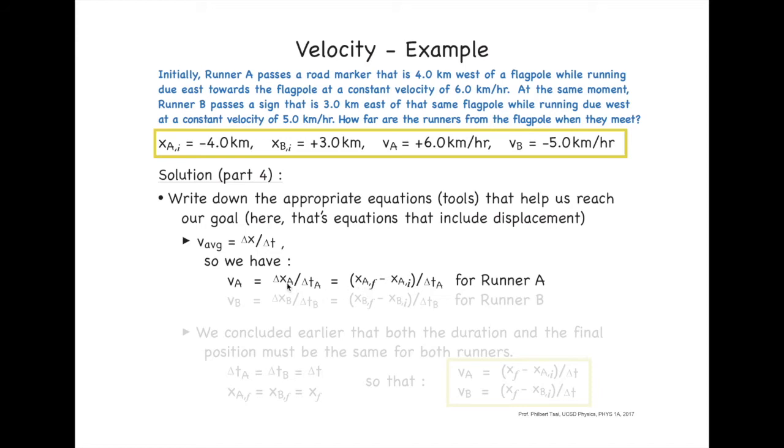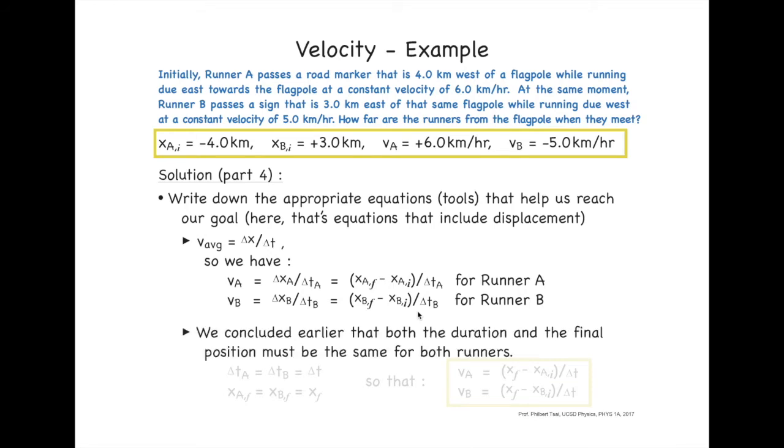Being a little more explicit, we'll break up delta x into final minus initial. So that's Allison's final position minus Allison's starting position divided by the time it took her to move between those two positions. We'll do the same thing for runner B. So this is the velocity for Bob using this definition.